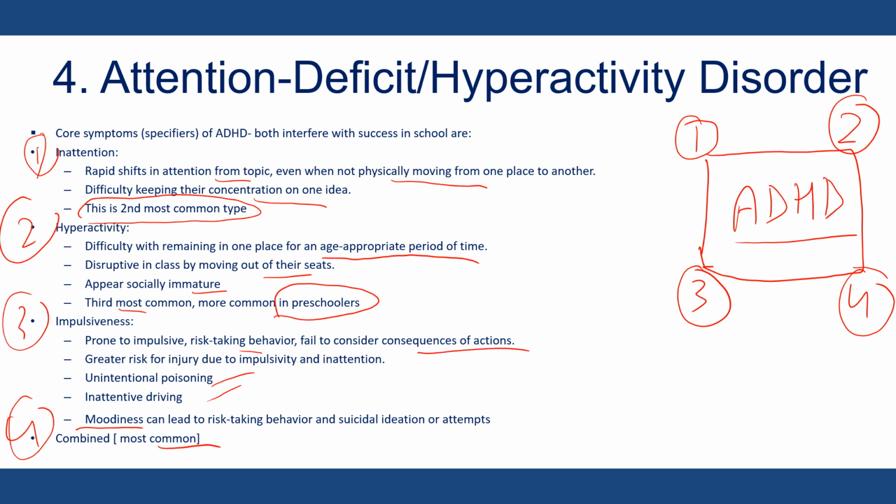And the DSM talks about these core symptoms as specifiers. We are supposed to specify what is predominant. Is it a combination, or is it just inattention, or predominantly hyperactivity or impulsiveness? So take a look at it. This is a very, very important slide.